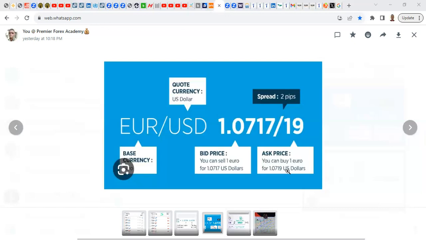It's just the amount of this country's currency that you can use to buy the other one. So for me to ask for US dollars, I need 900 Naira as a bid price.